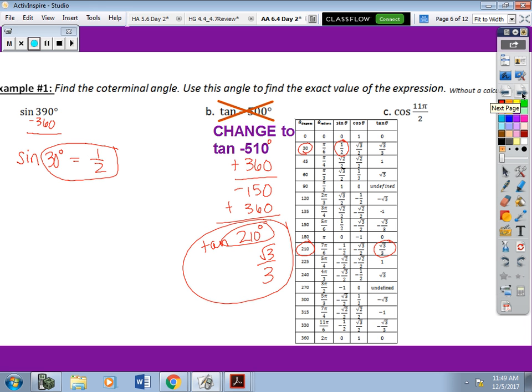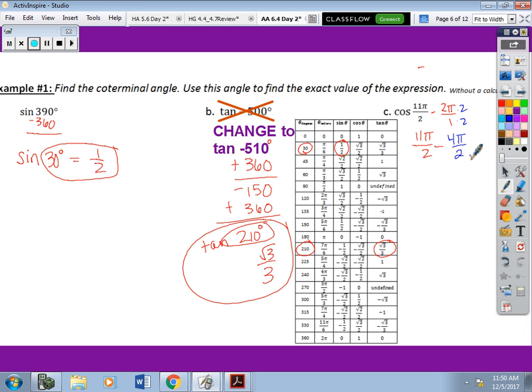If you were doing this using pi, you would subtract 2 pi, and you might not want to take notes on this because most of you won't like it. You would have to make a common denominator, which would be 2, so we'd multiply by 2 to get 4 pi over 2.